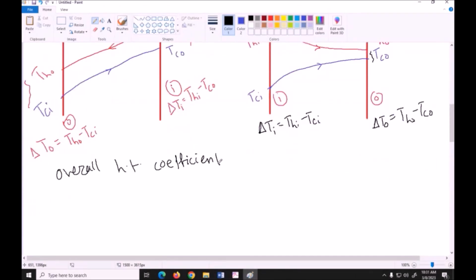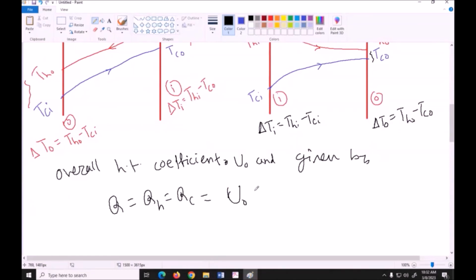The overall heat transfer coefficient is denoted by U0. Q, equal to the heat loss by hot water or heat gain by cold water, is equal to U, the overall heat transfer coefficient, into area into delta T. Which delta T? There are a lot of T here. Not any one of these is taken. The log mean temperature difference is taken.